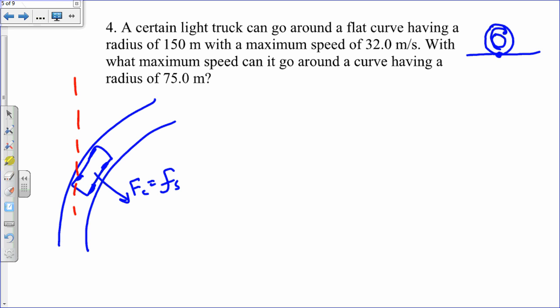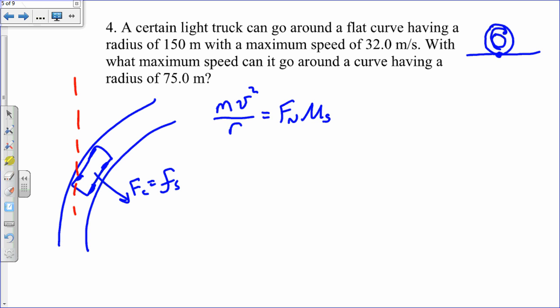All right, so my centripetal force is the static frictional force. So I'm going to run with that. My centripetal force, I know, is mv squared over r. And my static frictional force is the normal force times the coefficient of static friction.